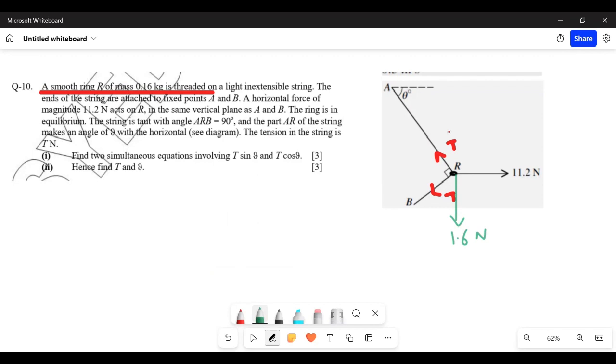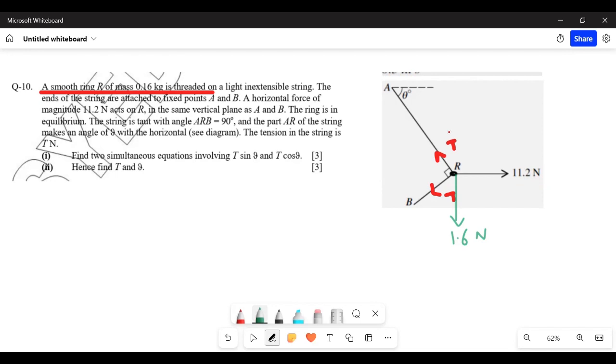The ends of the string are attached to fixed points A and B. A horizontal force of magnitude 11.2 newtons acts on R in the same vertical plane as A and B. The ring is in equilibrium. The string is taut with angle ARB equals 90 degrees, and the part AR of the string makes an angle theta with the horizontal. The tension in the string is T newtons. Find two simultaneous equations involving T sine theta and T cos theta.